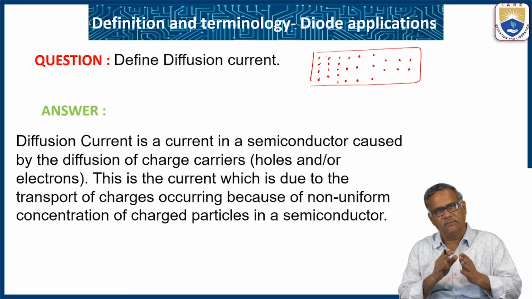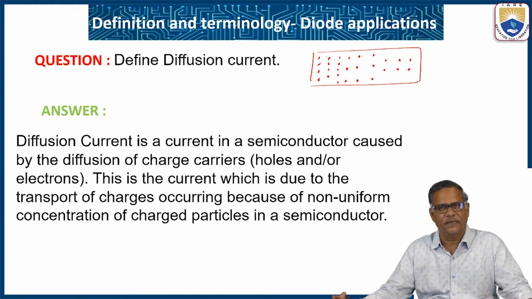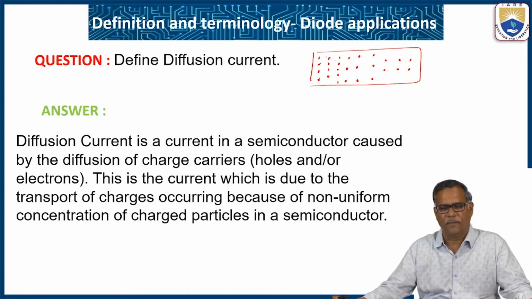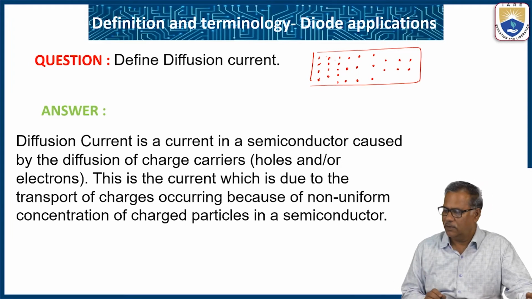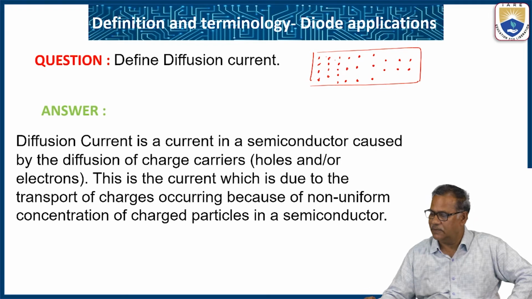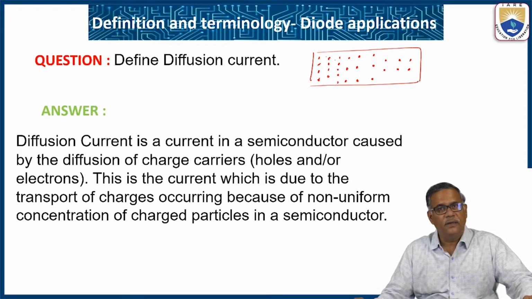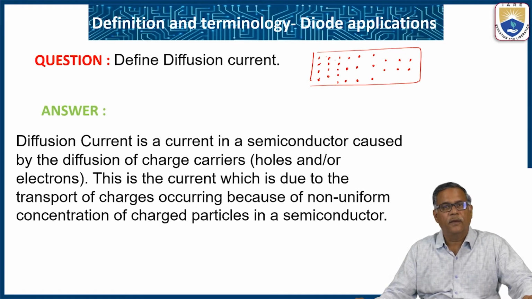So this causes flow of charge carriers, and whenever there is a flow of charge carriers, we say that diffusion current comes into picture. So there is a diffusion current. Diffusion current essentially is because of the concentration gradient, or because of the non-uniform distribution of charge carriers.